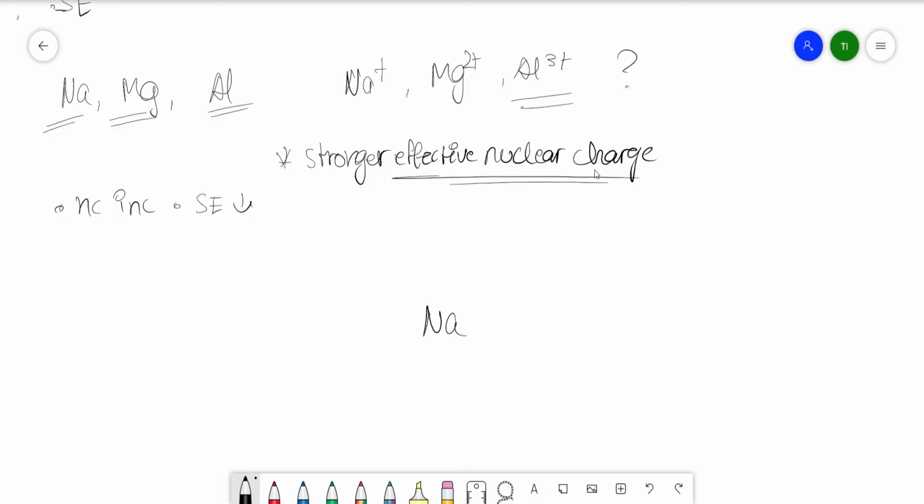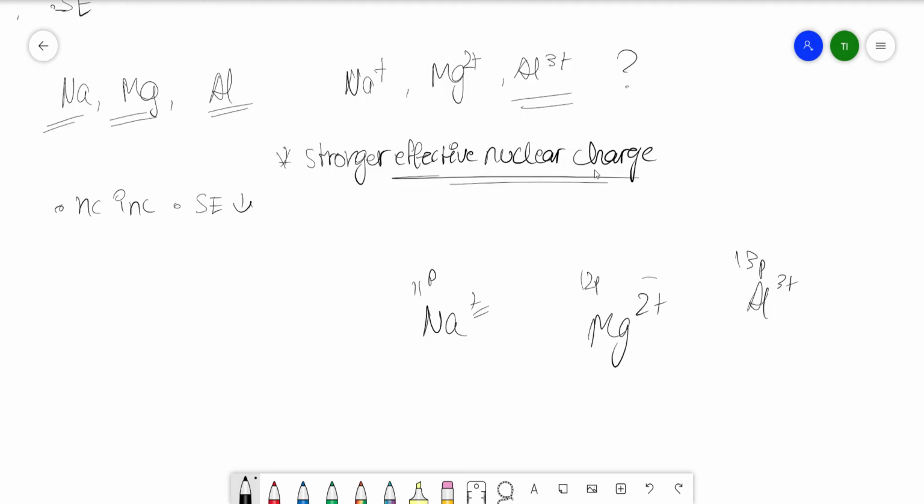When one electron is removed, you have two shells of 10 electrons and you have 11 protons, right? So the charge is plus. Now, those 8 outer shell electrons are attracted by 11 protons. For Mg, the outer shell electrons are attracted by 12 protons, and for Al, by 13 protons.